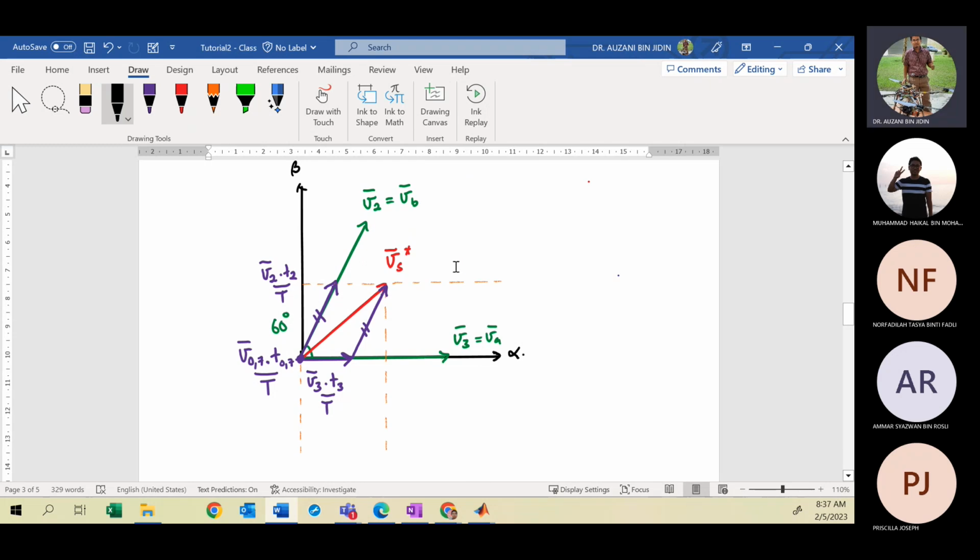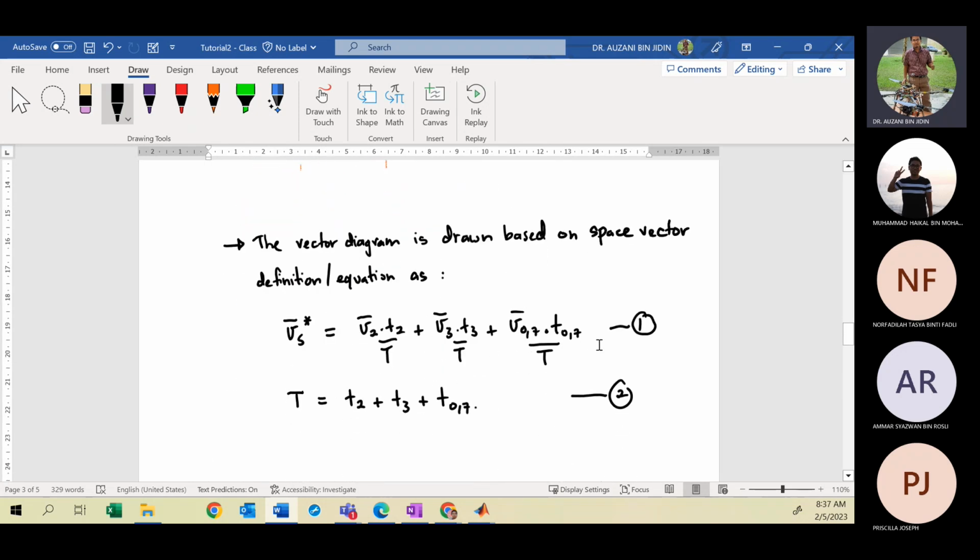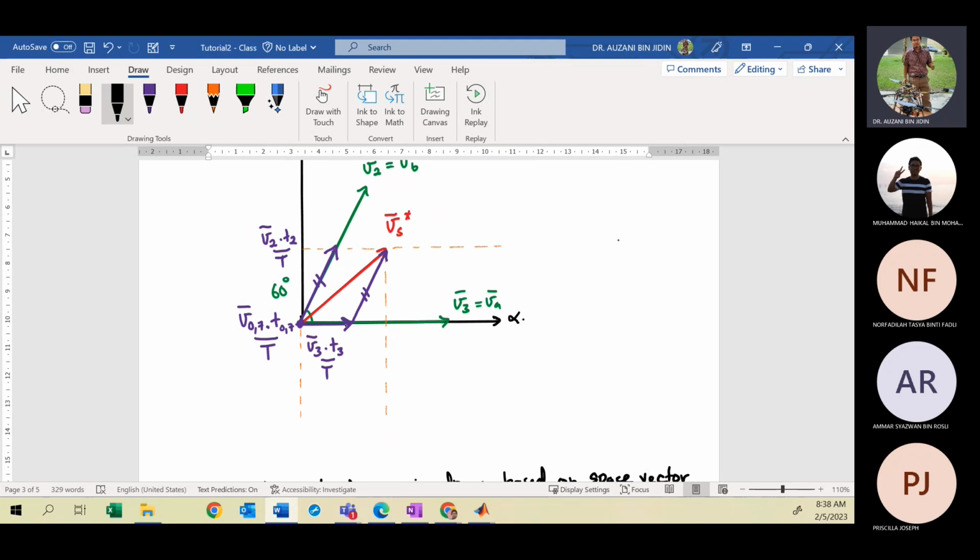In order to produce the resultant vector Vs, you need to draw the vector diagram based on these two equations. Equation number 1 indicates that to produce Vs, you need to sum all the component vectors: V2 multiplied by its ratio, T2, T3, V3 and its ratio, and the zero vector. Clear? You have these two vectors, V2 and V3, here, drawn in blue color. Is it blue or purple?